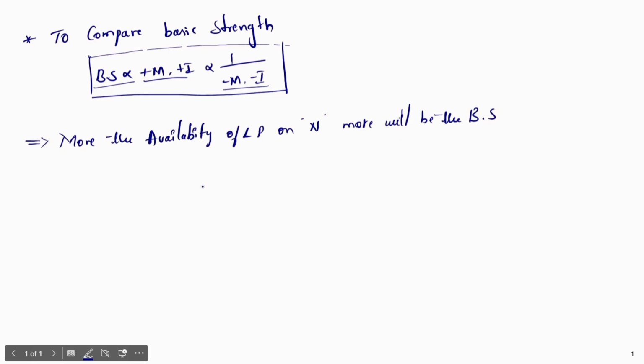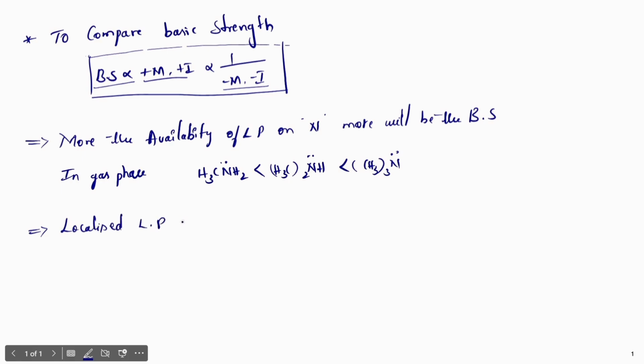We will see in the gas phase, the order of basicity of nitrogen: CH3NH2 is less basic than (CH3)2NH, which is less basic than (CH3)3N. Here in all cases nitrogen will have a lone pair of electrons. The next one is localized lone pair.